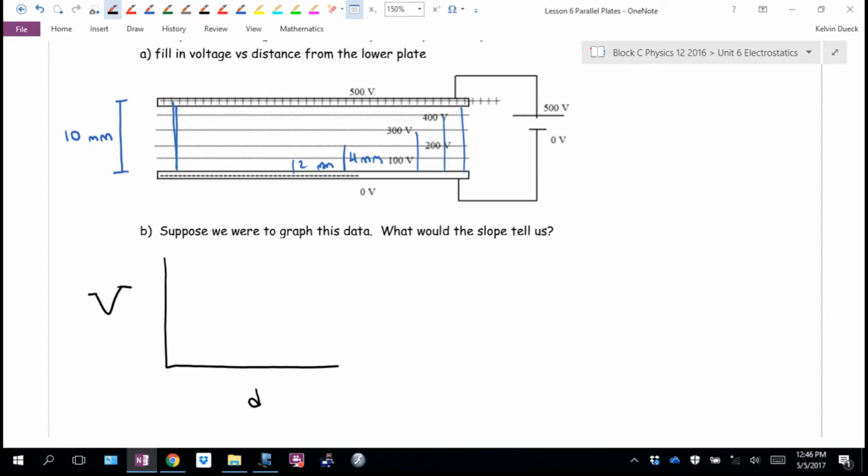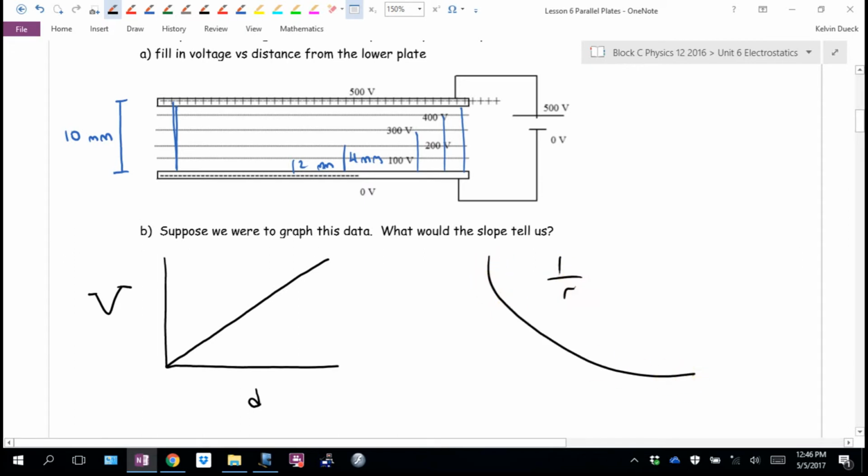It would look like this. It'd be a line, as opposed to the graph of voltage from a round circular point, which had a 1 over r, had an r in the bottom. That would look like this. It's a yucky, calculus-y, curvy graph. Ugh. Don't write that down, Prith, because I need more room here.